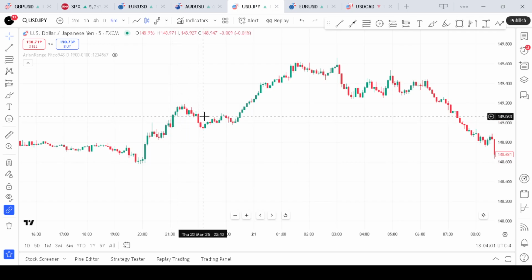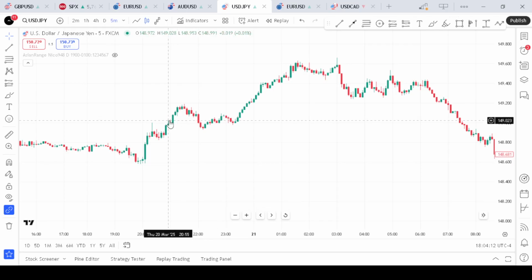This is basically our Asian session. Now it is a critical window for traders who want to identify potential setups and market behavior at the start of the day. Now let's see what we'll be looking for to master this ICT Asian kill zone.